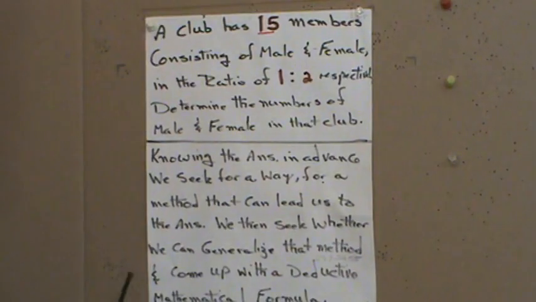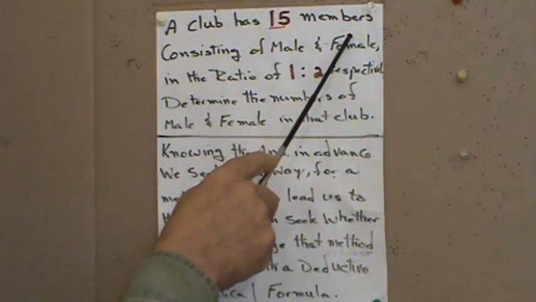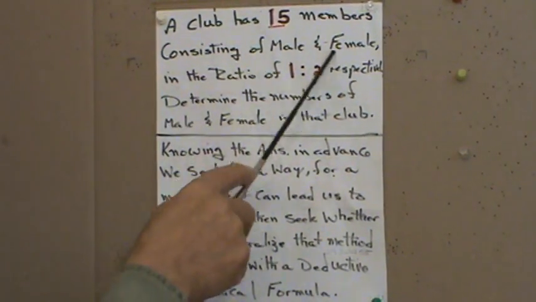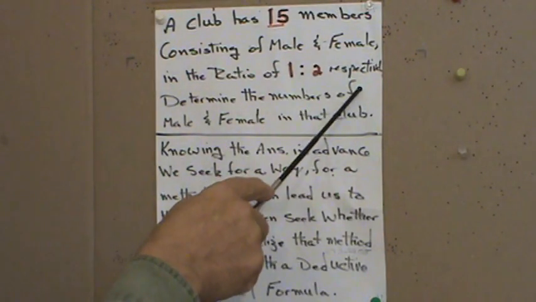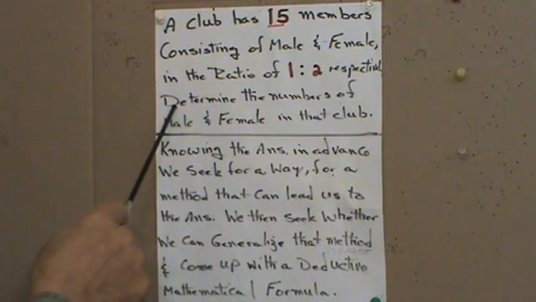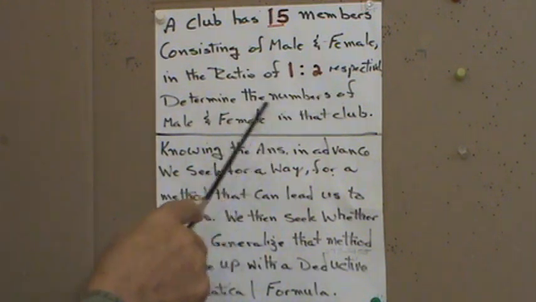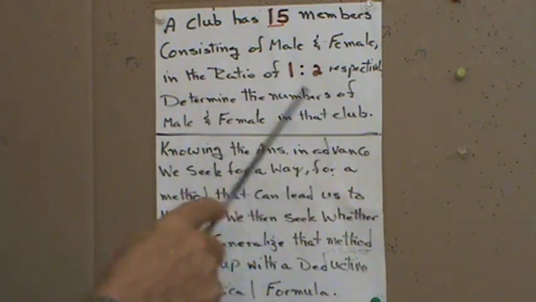Now, a club has 15 members consisting of male and female in the ratio of 1 to 2, respectively. Determine the number of male and female in that club.